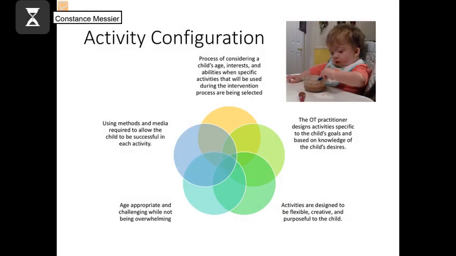Activity configuration is also part of the activity synthesis, and it's when considering the child's age, their interest, and their abilities for a specific activity. We design activities to the child's goals based on the knowledge of their interests so that it's meaningful and purposeful. Activities are designed to be flexible. We always have to be flexible, particularly in pediatrics.